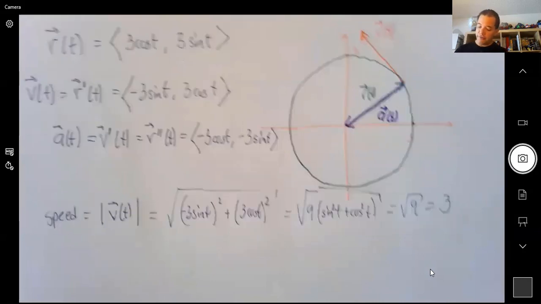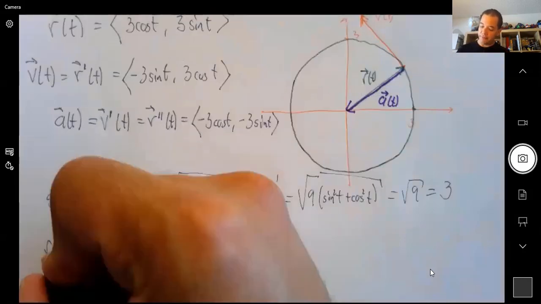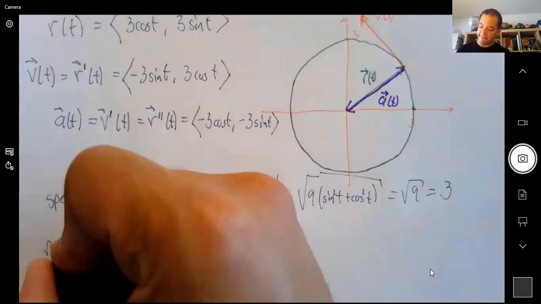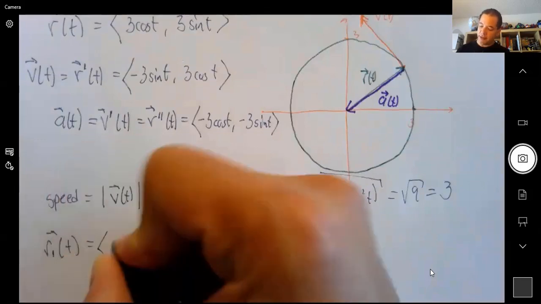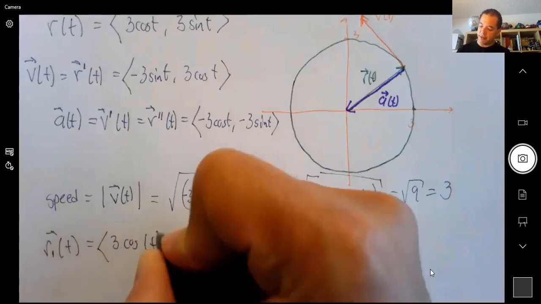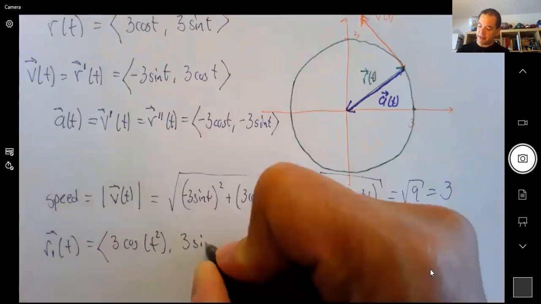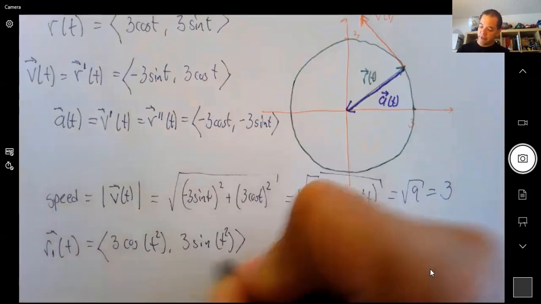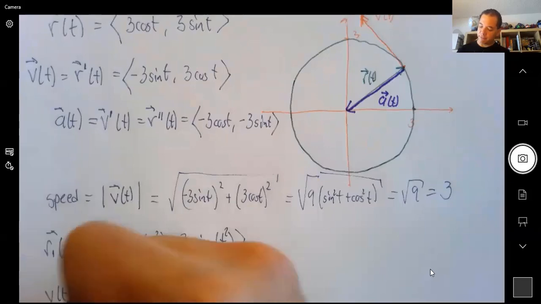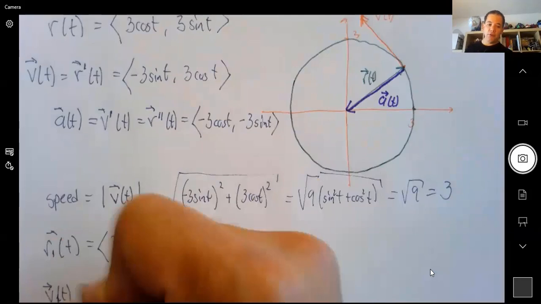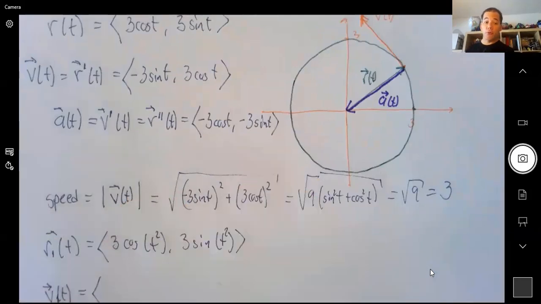If you wanted to do the second one that I was showing you, let me call it R1, the one that was (3 cosine t², 3 sine t²). When we do the velocity, call it V1. Now we need to use the chain rule here, right?